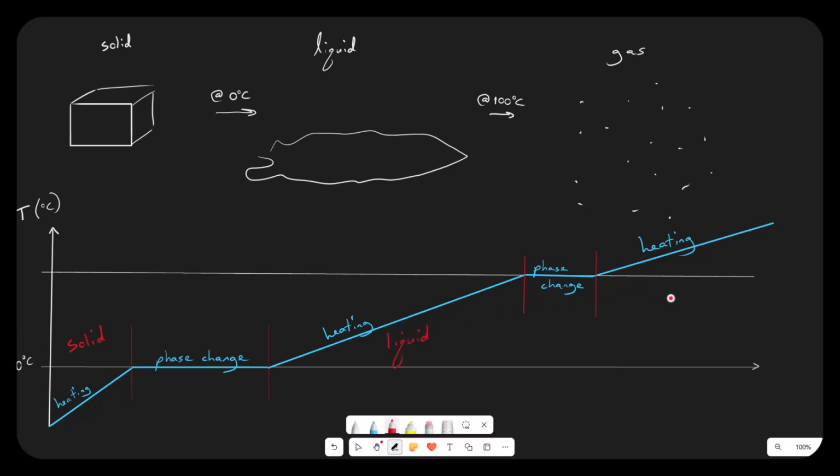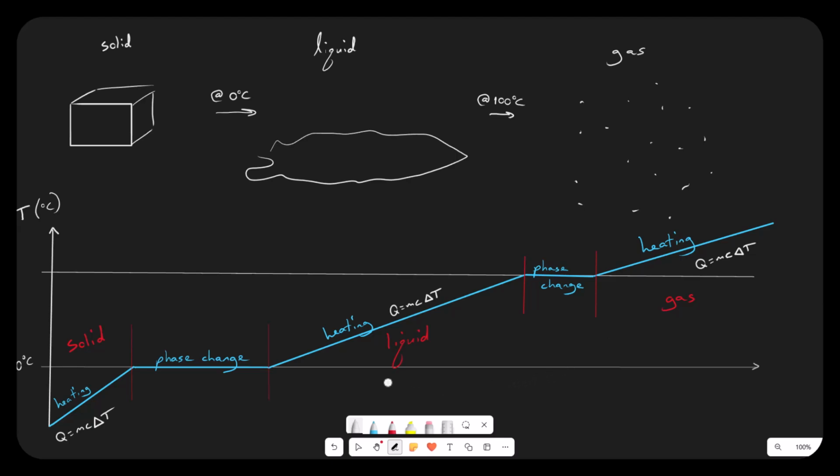Then phase change, and then over here we are in a gaseous phase, which means that these phase changes happen at constant temperature, and that's an important thing. When we are doing these heating parts, we get equations that look like Q equals mc delta T. And they will have different c values, but it's the same process.